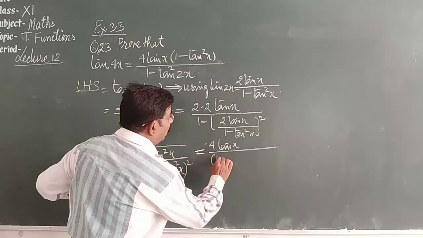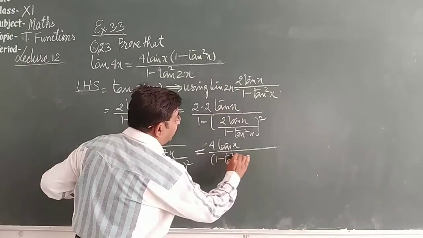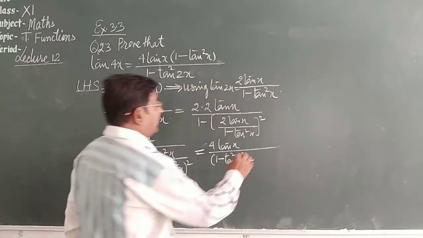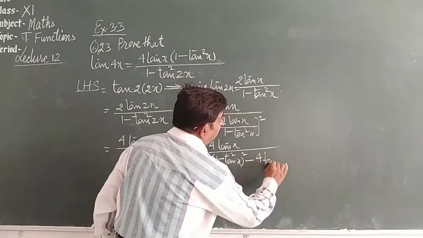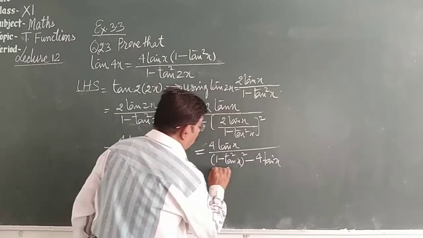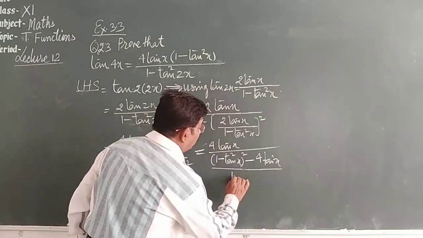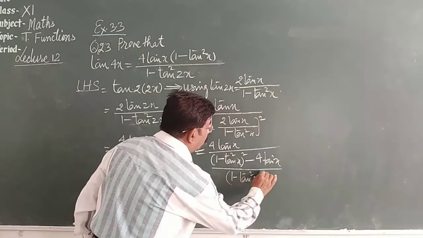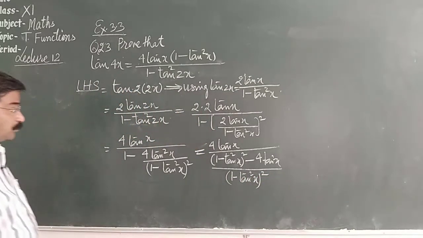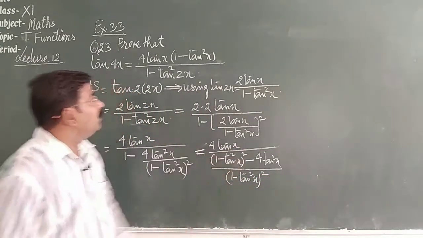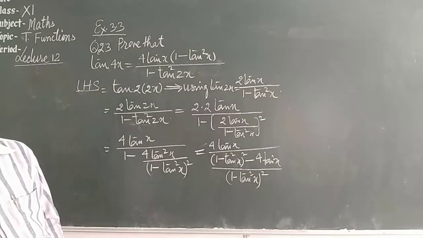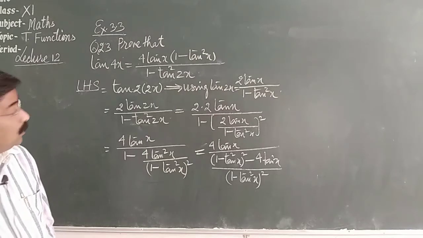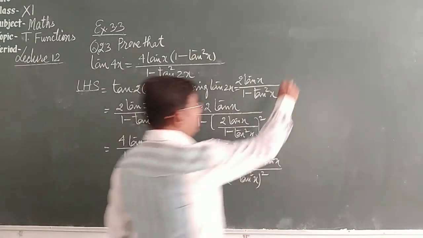So we have 1 minus tan square x whole square minus 4 tan square x, upon 1 minus tan square x whole square. Got it? So this will come in the numerator. This is question number 23. Now let's see.